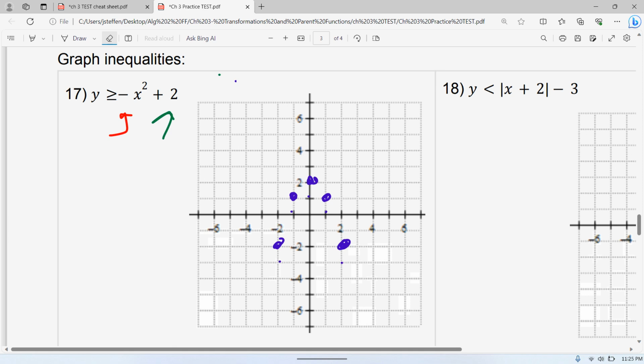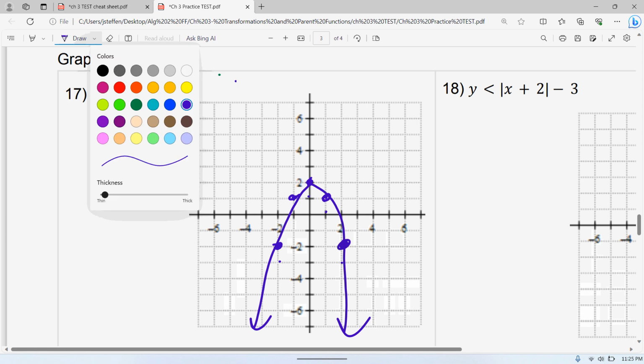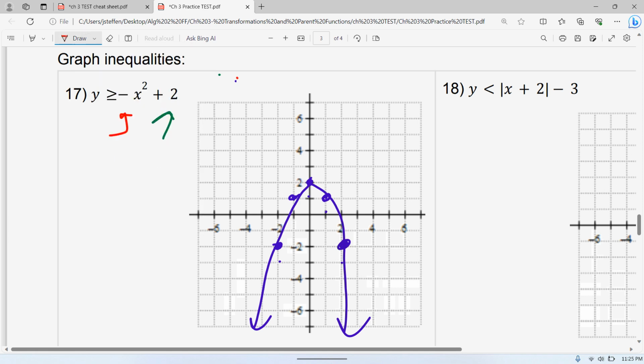This is an absolute value. There are a couple different ways we've done this, but I'm going to stick with this one for right now. We move everything left 2, then down 3.